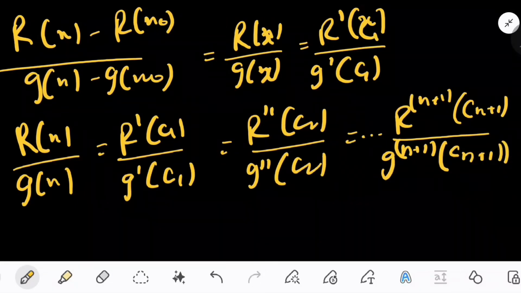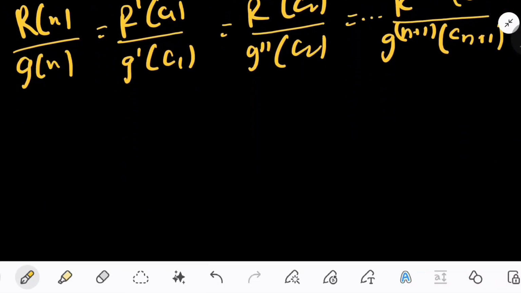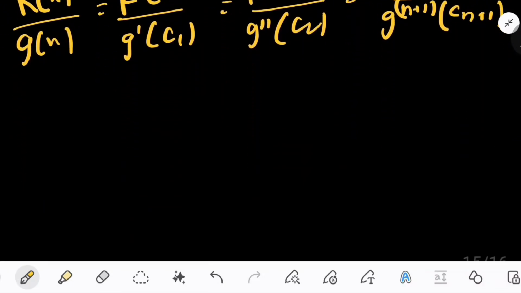That is the case, okay? I hope you are understanding it, okay? What is Rn? Well, we will see it. That is what we need to solve.